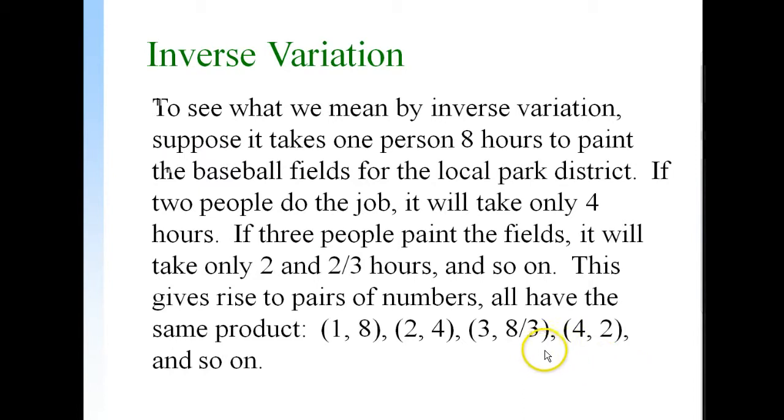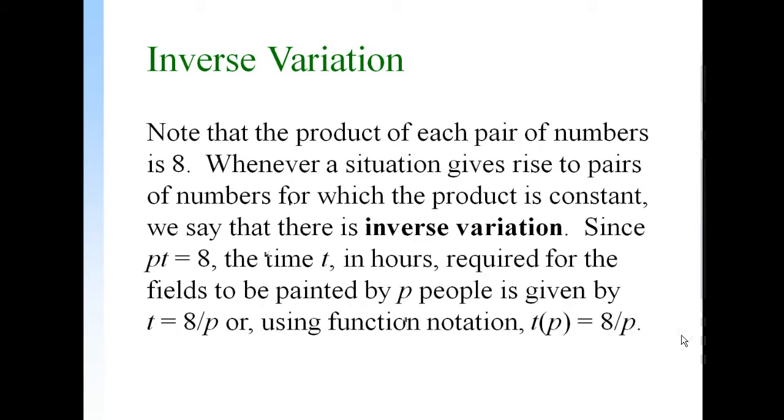Okay, inverse variation. And we'll look at this here. To see what we mean by inverse variation, suppose it takes one person 8 hours to paint a baseball field for a local park district. Two people do the job, it only takes 4 hours, and so on and so forth. So you have a series of ordered pairs, but they're not in a straight line. In fact, what would the relationship be?